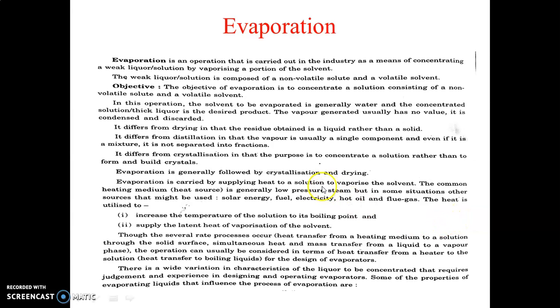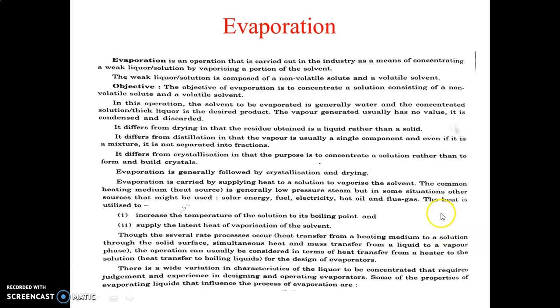Generally in the chemical industry, evaporation is followed by crystallization and drying. That means after evaporation we can carry out crystallization and drying. So these are the basic differences between evaporation and drying, distillation, and crystallization.